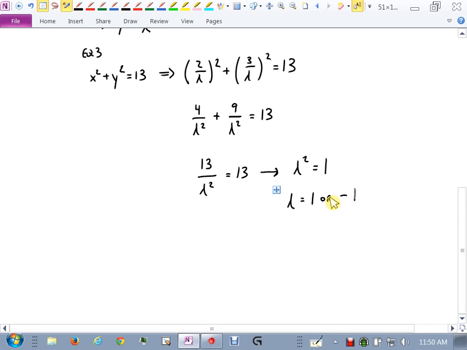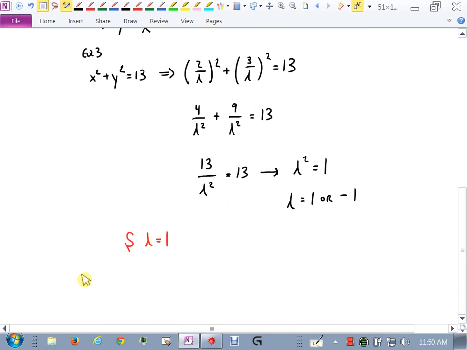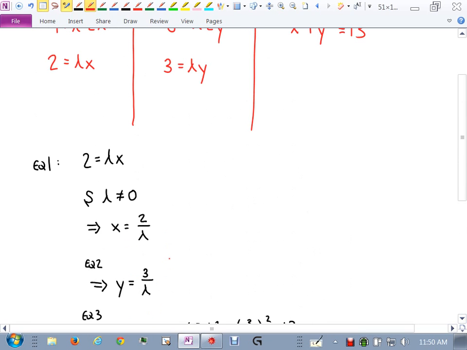And there's 2 possibilities. So I'm going to come here, slightly indented, suppose lambda is 1. I'm still working within all this framework here. If lambda is 1, what does equation 1 give us? Well, we had already done this up here.